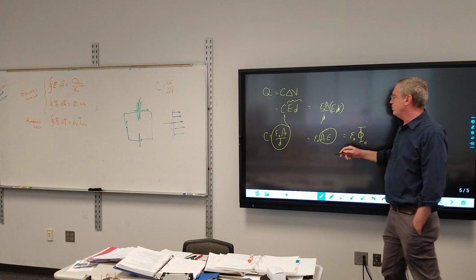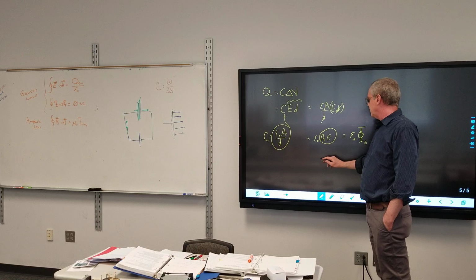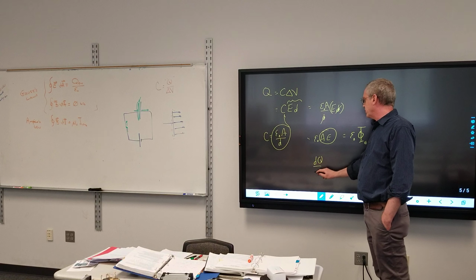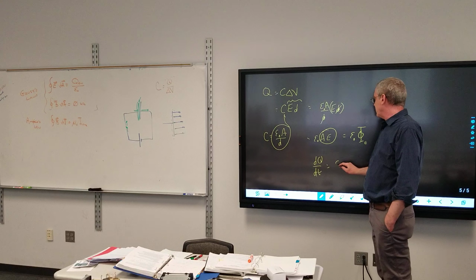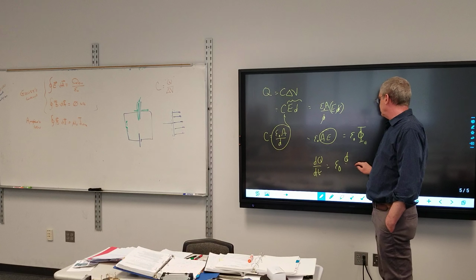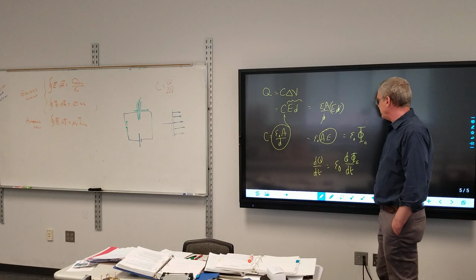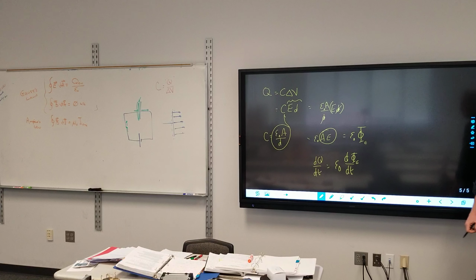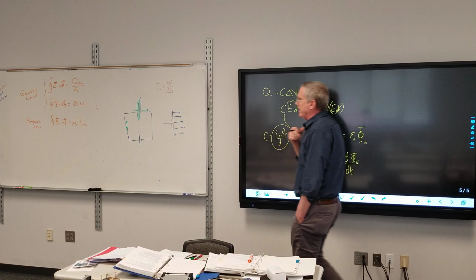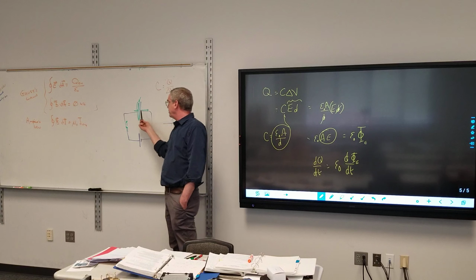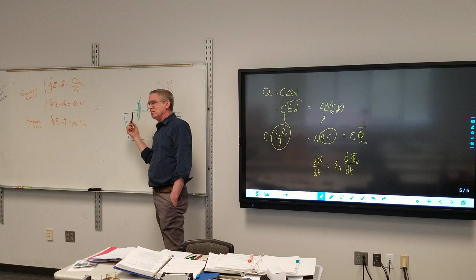Now, if I want to figure out the current, I know dQ/dt is equal to the current, and so this just becomes epsilon naught times d/dt of E times A. Now, this is not a physical charge moving. What is changing here is the electric flux. My area is not changing in this scenario, but my electric field is changing.